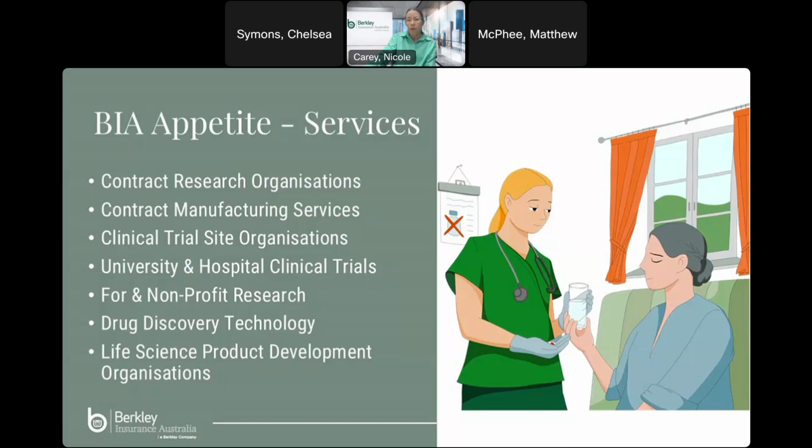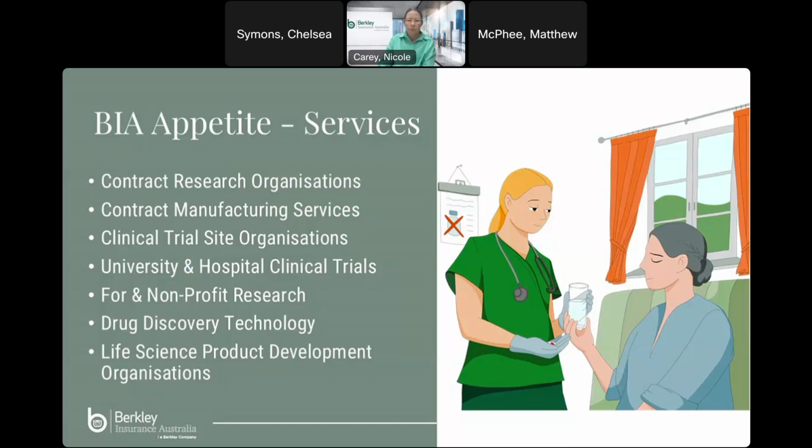Clinical trial site organizations, similar to the above two, are an outsourced service that is provided within the life sciences industry. The clinical trial site organizations are organizations that are set up to run clinical trials on behalf of third-party sponsors. A sponsor is a person who has the drug or the medical device that we need to run clinical trials for, to test if it's safe to distribute to the broader population.